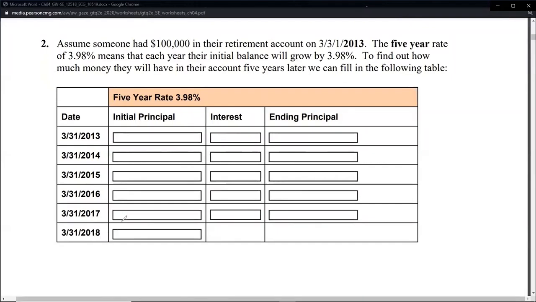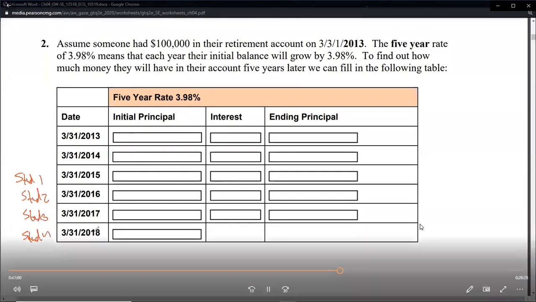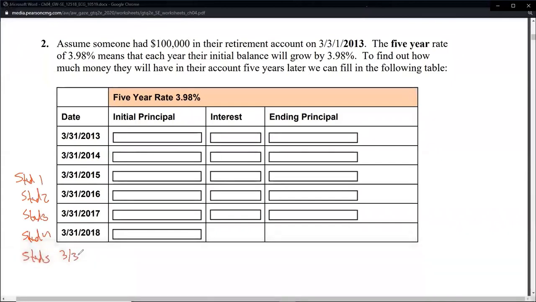However many students are currently participating in the course, you'll go through and do it: student 1, student 2, student 3, then student 4 comes in and does this one. Student 5, what are you going to do? You're going to do 2019. So student 5 will come in and do the March 31st, 2019 value.